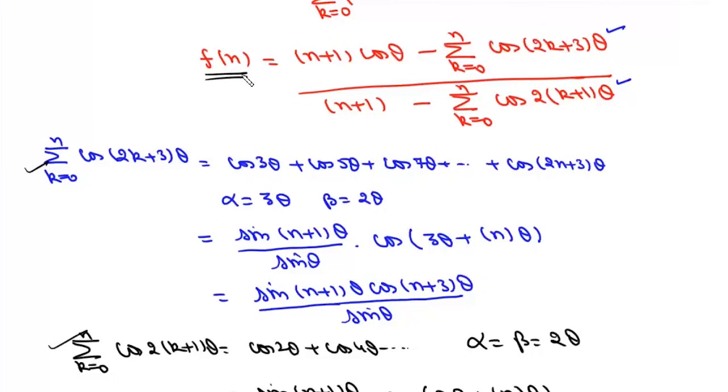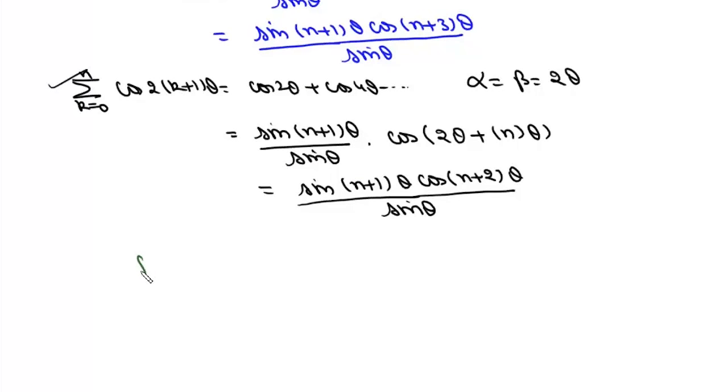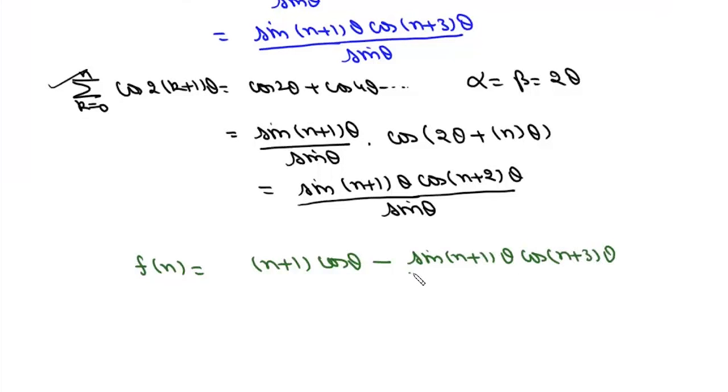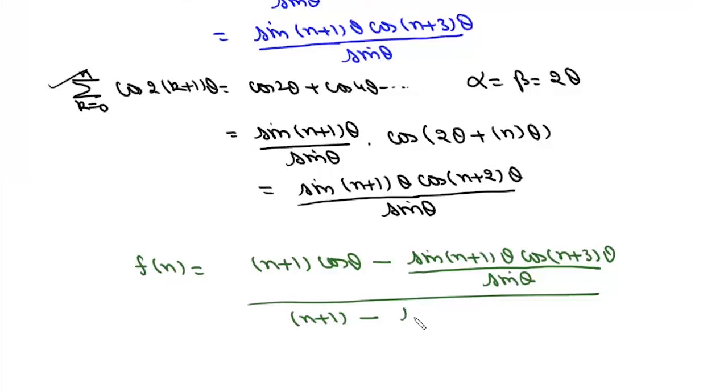So we can write this function f_n as (n+1) cos theta minus sin((n+1)theta) cos((n+3)theta) upon sin theta, divided by (n+1) minus sin((n+1)theta) into cos((n+2)theta) upon sin theta.